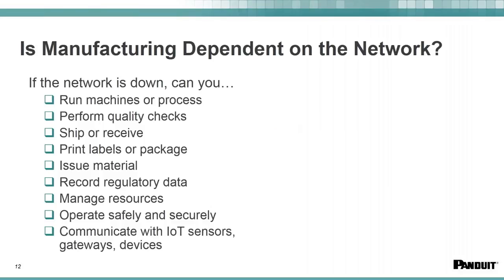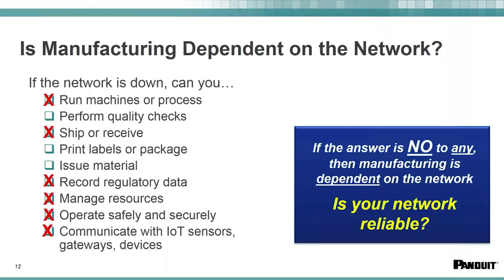So one of the first questions we want to ask everybody, when they're talking about using networks in manufacturing, is how dependent is your manufacturing on the network? We have a number of questions here, and basically if you answer no to any of these questions, then your manufacturing is very dependent on the network.